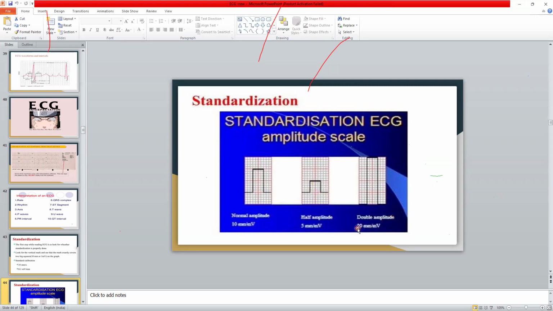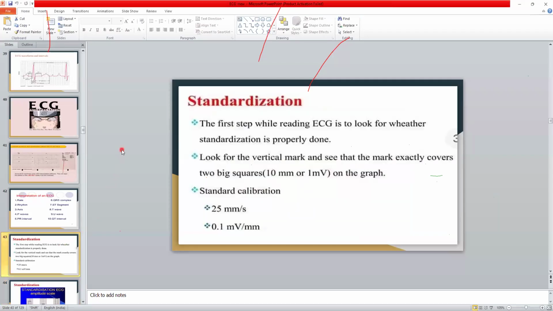Double amplitude is 20 millimeters per millivolt. I have told you the standard calibration, that is 25 millimeters per second is the time, and amplitude is 0.1 millivolt per millimeter.